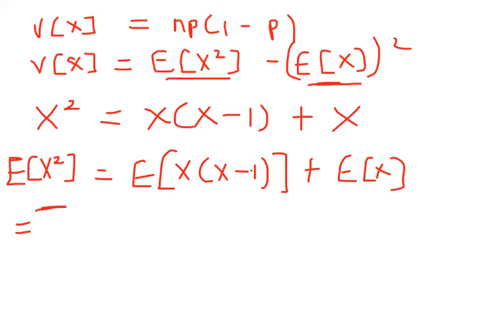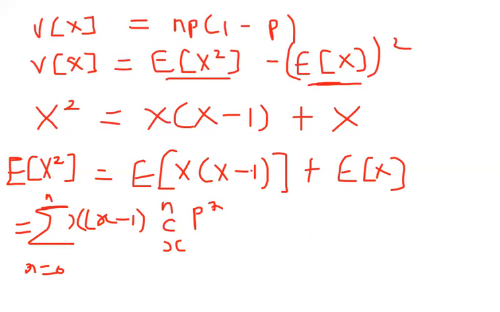Summation of X equals 0 up to n. Then I'll write my X in bracket X minus 1. Then I'll have n combination X p to the power X, 1 minus p, n minus X, right?